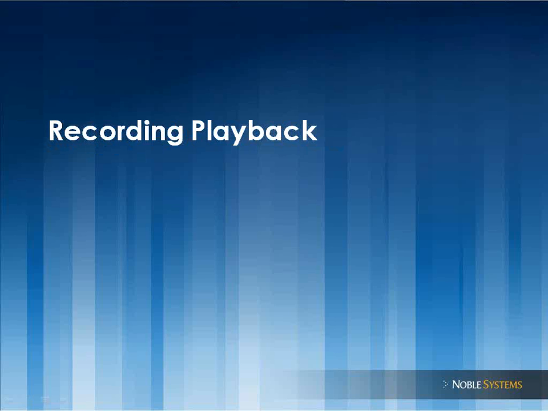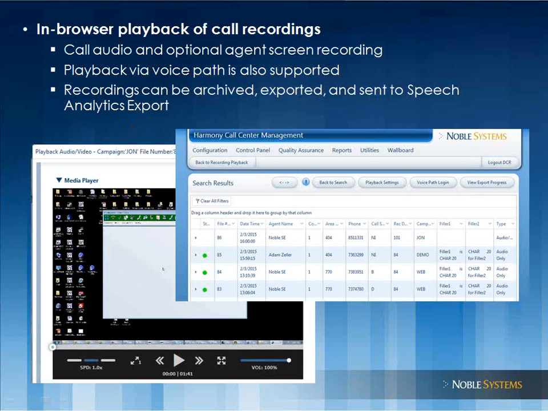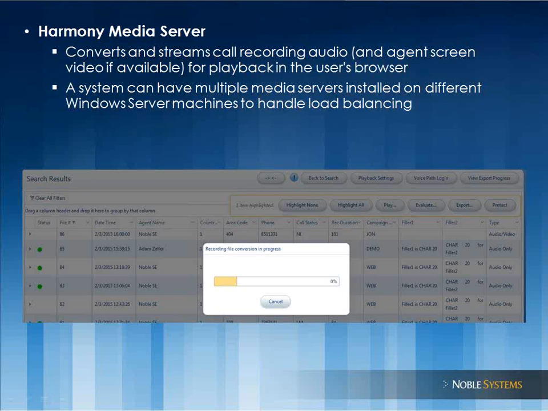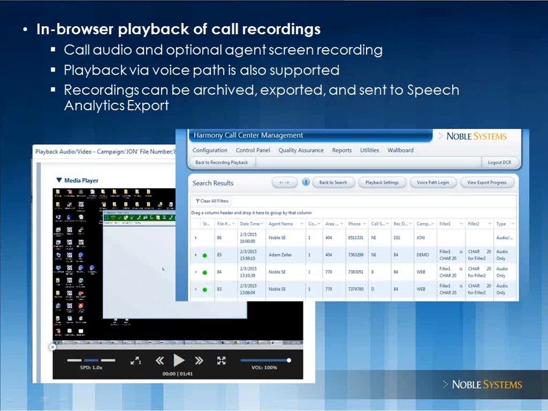One of the biggest differences between Harmony version 3 and Harmony version 4 is we've incorporated the recording playback portion that was previously in Maestro into Harmony. So now in Harmony, you have an in-browser capability of playing back call recordings. You have the ability to play back agent audio as well as optional recording of the agent screen inside your browser.